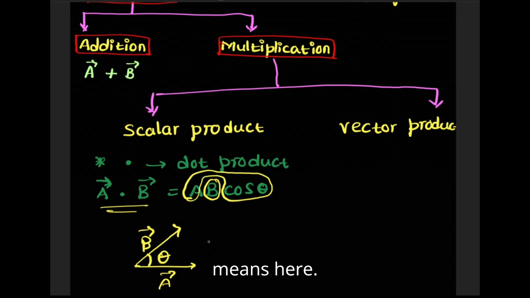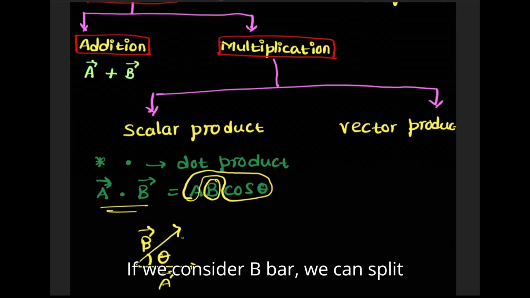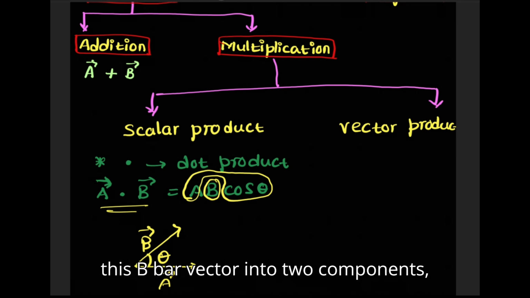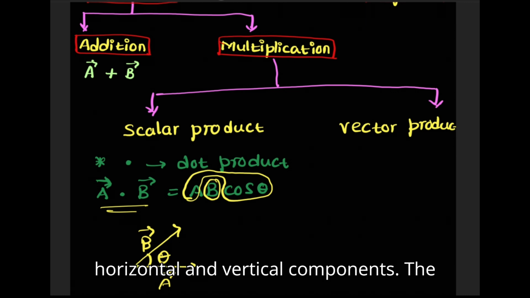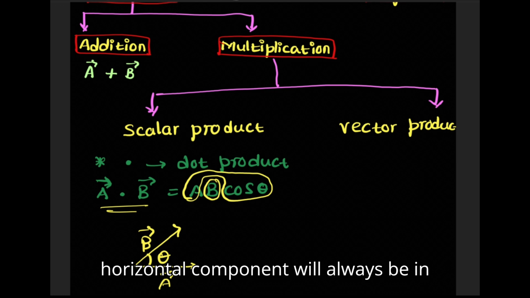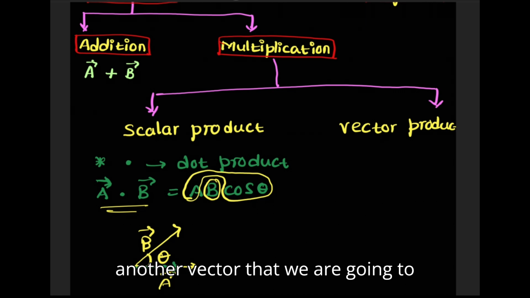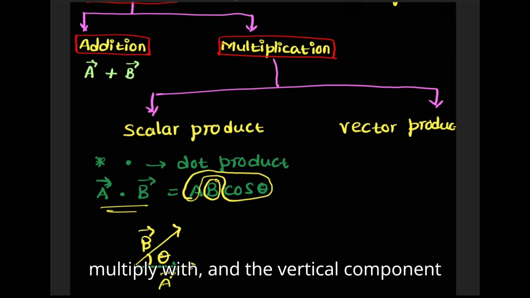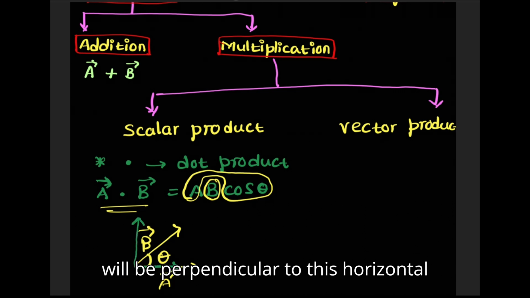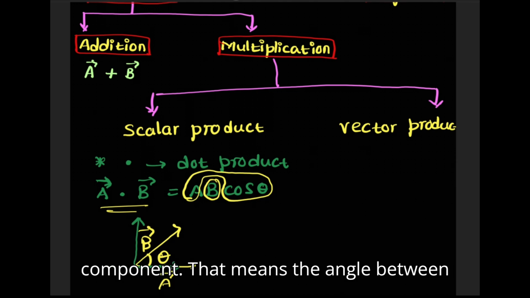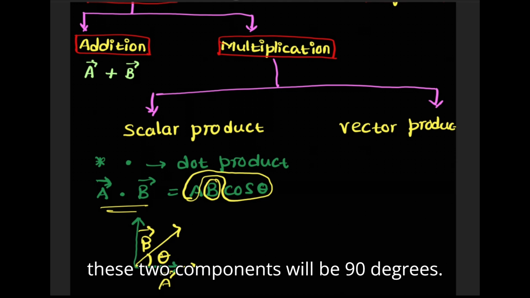That means here, if we consider b bar, we can split this b bar vector into two components, horizontal and vertical components. The horizontal component will always be in the direction of another vector that we are going to multiply with, and the vertical component will be perpendicular to this horizontal component. That means the angle between these two components will be 90 degrees.